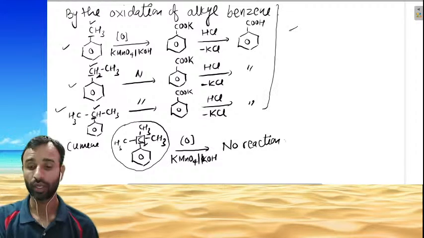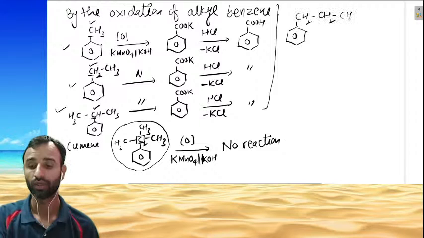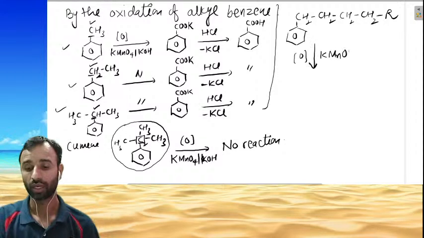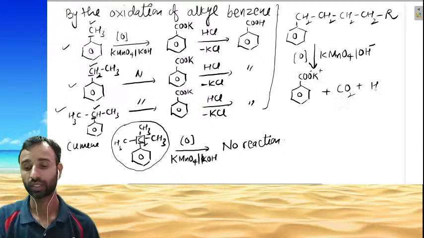And even if there is a chain of many carbons, even then on hydrolysis we get potassium benzoate along with carbon dioxide and water.